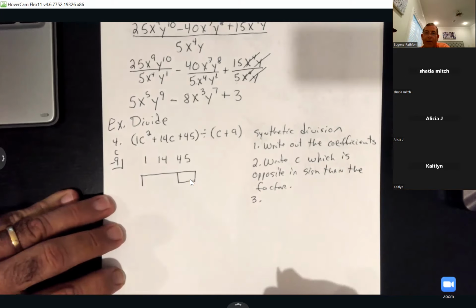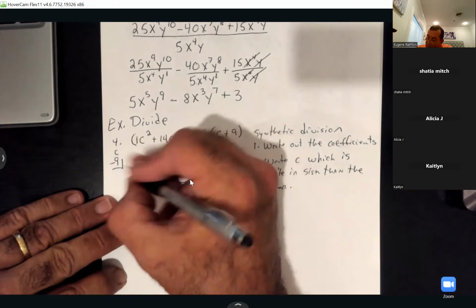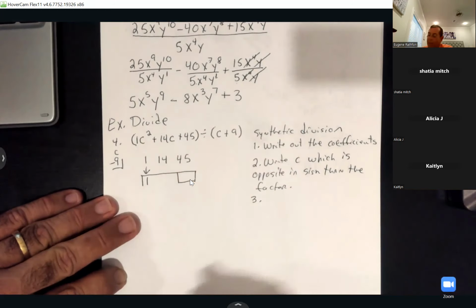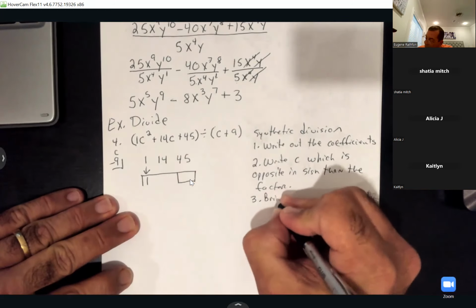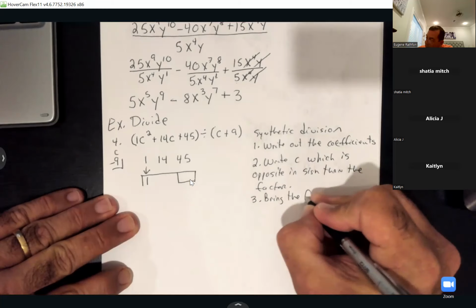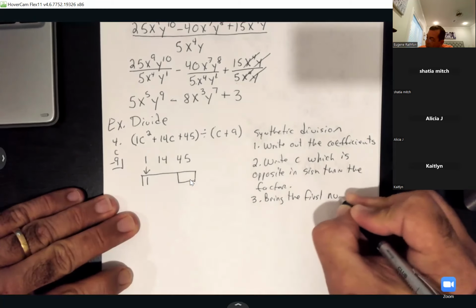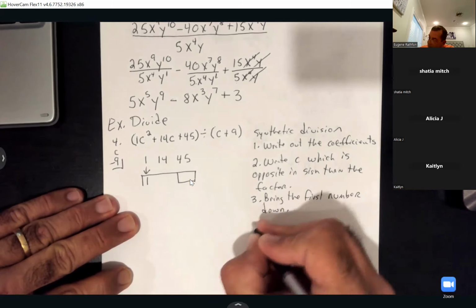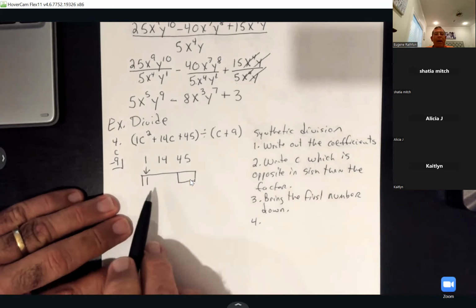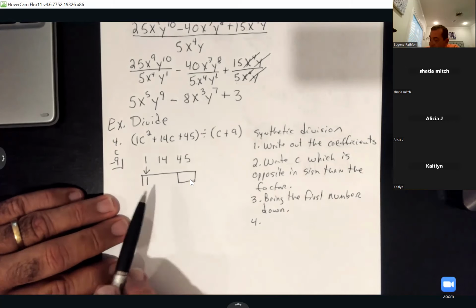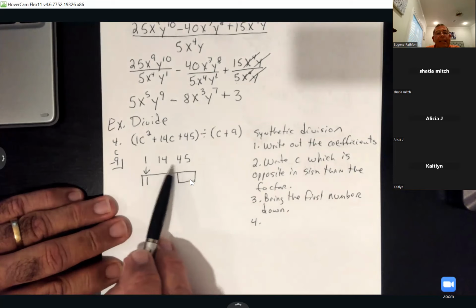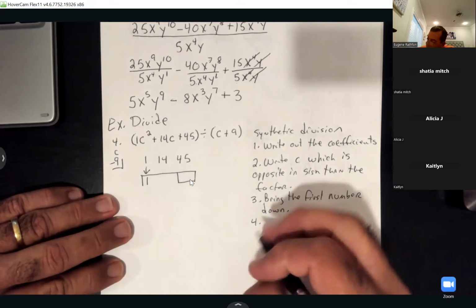So y'all, synthetic division, here's the process. The first number we bring straight down. Now any number that's down here, we multiply by C to get the next column.